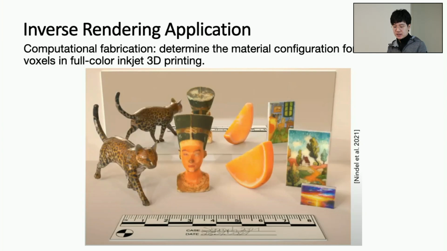And naturally, the question becomes, how can we determine the material configuration so that we can reach a desired final appearance? And this becomes an inverse rendering problem where things like subsurface scattering have to be considered. Because normally, the printing material is not 100% opaque. If we neglect the subsurface scattering effect, the printed appearance will not match the target very well.